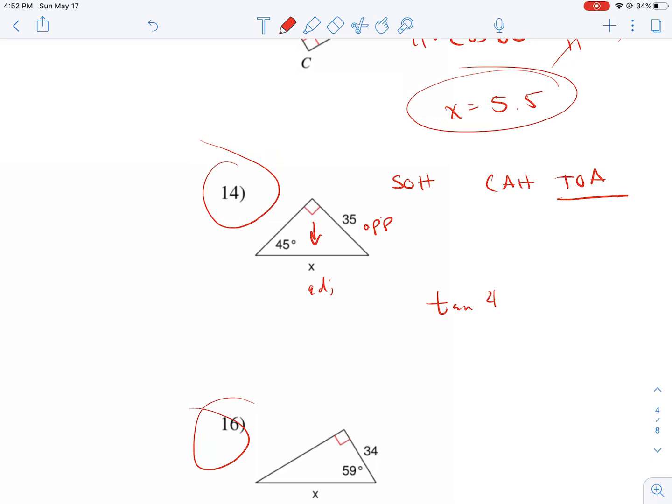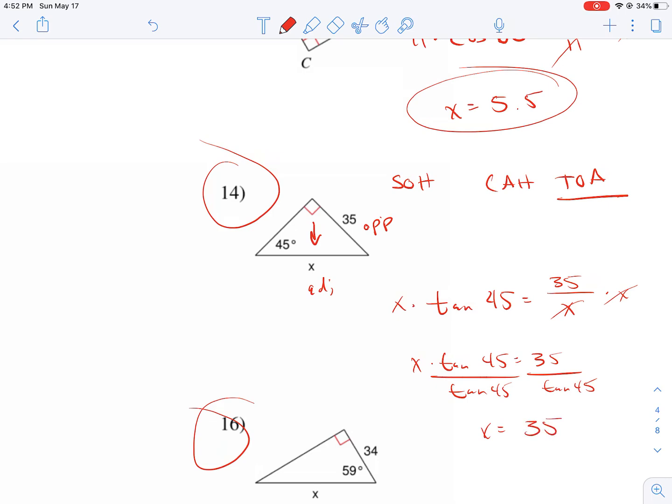So we're going to go tan 45 is equal to 35 divided by x. Multiply both sides by x. They cancel there. So you get x times the tan of 45 is equal to 35. Divide by the tan of 45. And you get x is equal to 35 divided by the tan of 45. Huh, what do you know? You get 35.